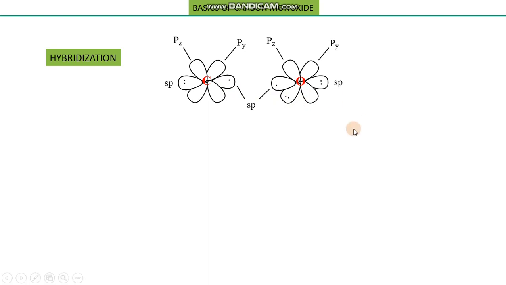Since an sp hybrid orbital possesses less energy, electrons will preferably occupy sp hybrid orbitals, and if there are more electrons, the rest will occupy the unhybridized orbitals. So now let's bring these two species closer to each other.